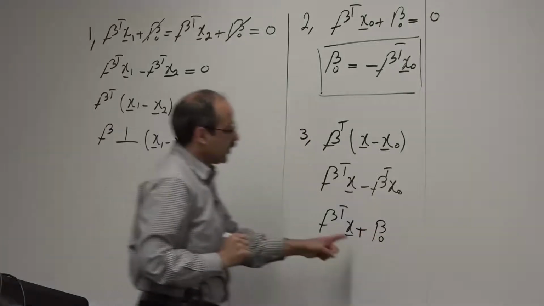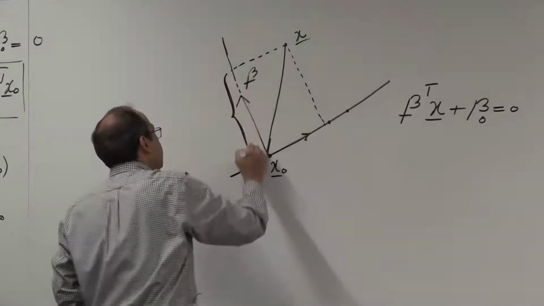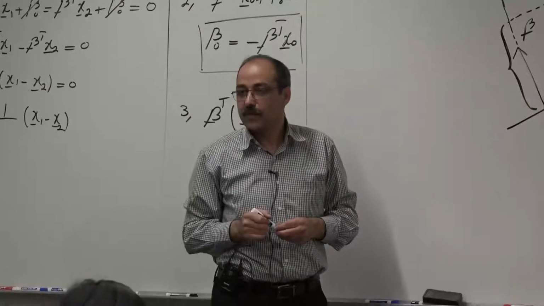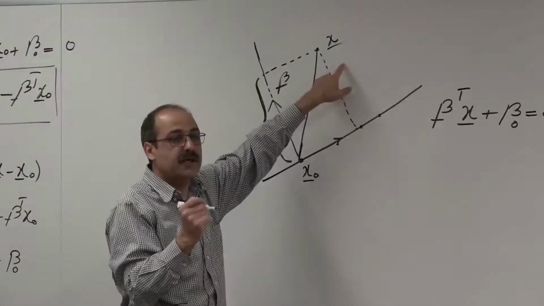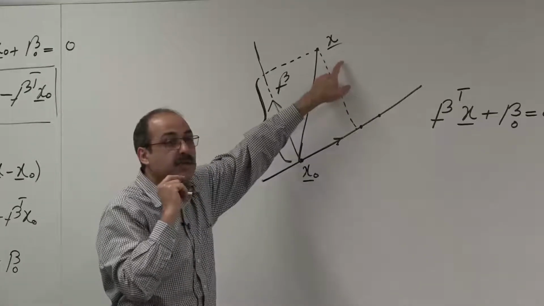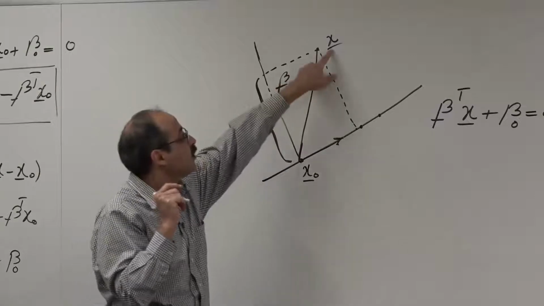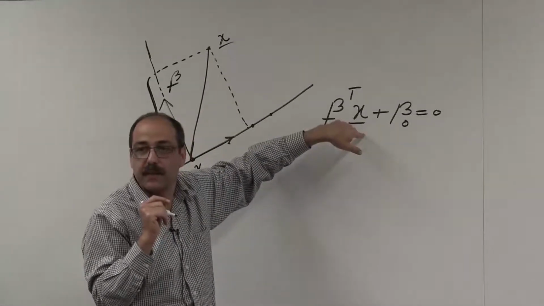So beta transpose x plus beta null is this distance. That's what we are looking for. Give me an x, and the question is what's the distance of this given point to the hyperplane? The only thing that you need to do is to put this in the equation of the hyperplane.